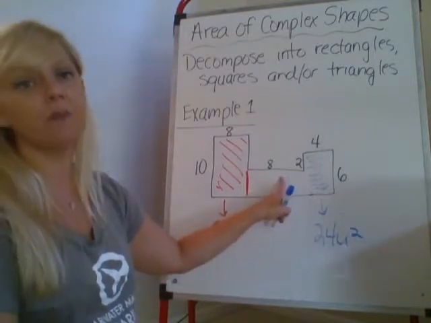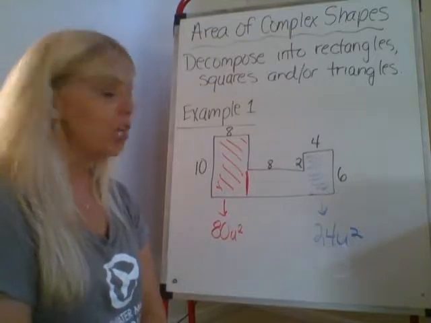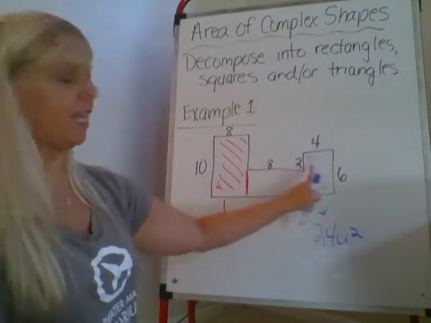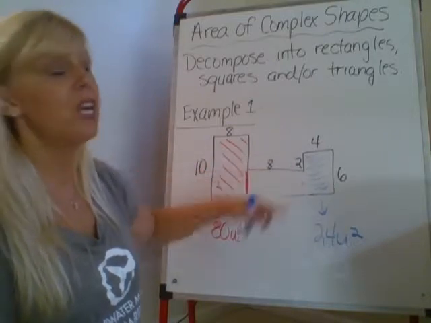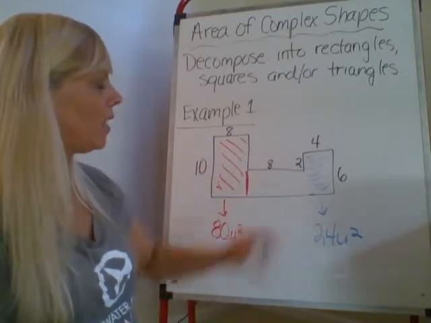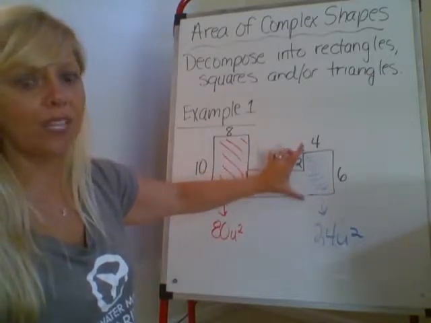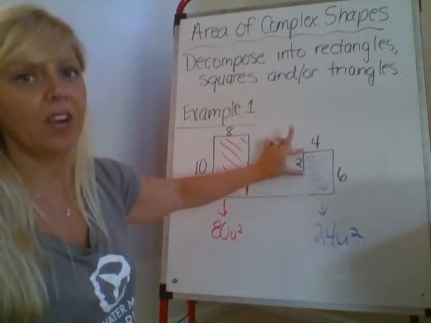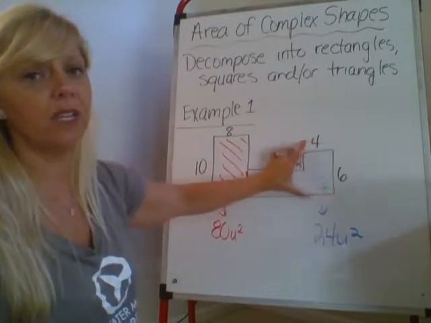That leaves this middle piece still to figure out how big it is. I know that this length is 8 right here, but I need to know what this is right here. How do I figure that out? Well, I know that this piece right here is 2 and the whole is 6. So I need to figure out 2 and what makes 6. You see how 6 is over here?